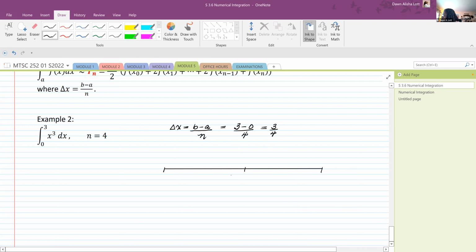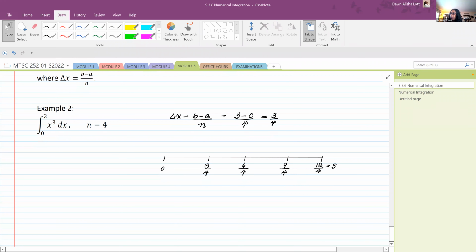Remember, I divided this up into 4. So this is 0. This one was 3/4. This one was 6/4. This one was 9/4. And this one was 12/4, which again, we said was 3.